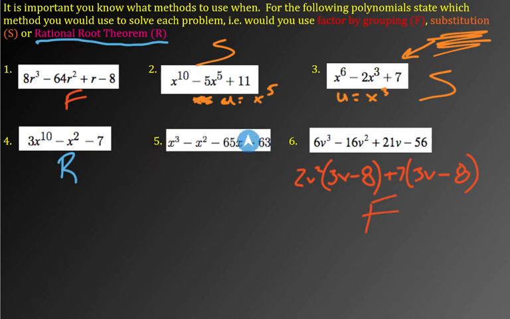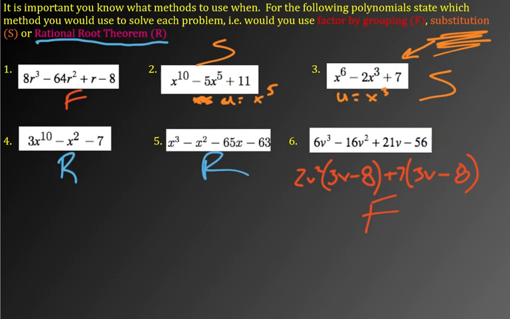But this one, if you look at the coefficients, there's no way. 1 to negative 1 means that if this is negative 65, then this should be 65, and that's not what's happening. So basically you'd have to do rational root theorem there too. You really want to make sure you can spot what to use when.